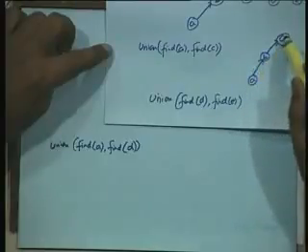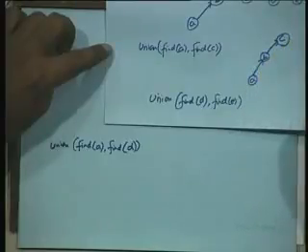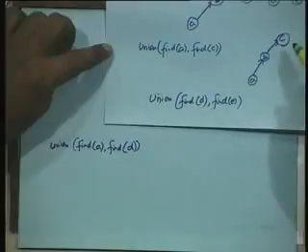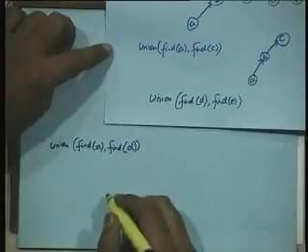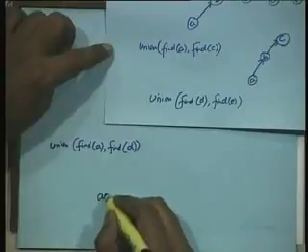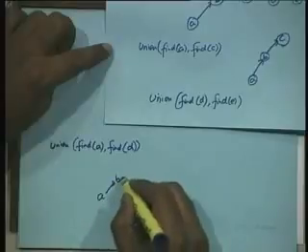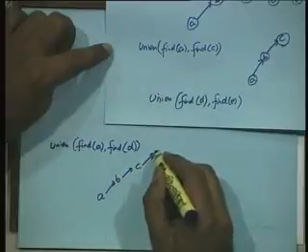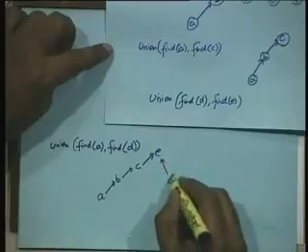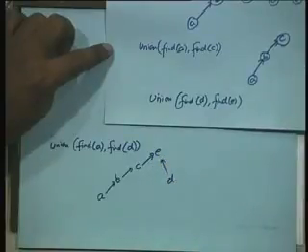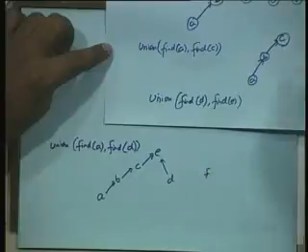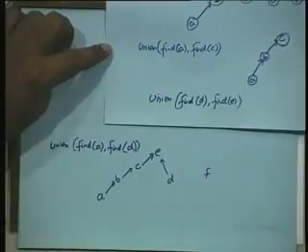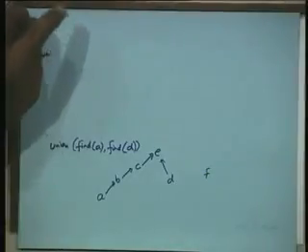It returns a pointer to C, and find D returns a pointer to E. I need to link up these two roots. So I can make C point to E or E point to C, whichever I please. Let's say I decide to make C point to E. This is what I would get then. And of course, F would be sitting on its own.